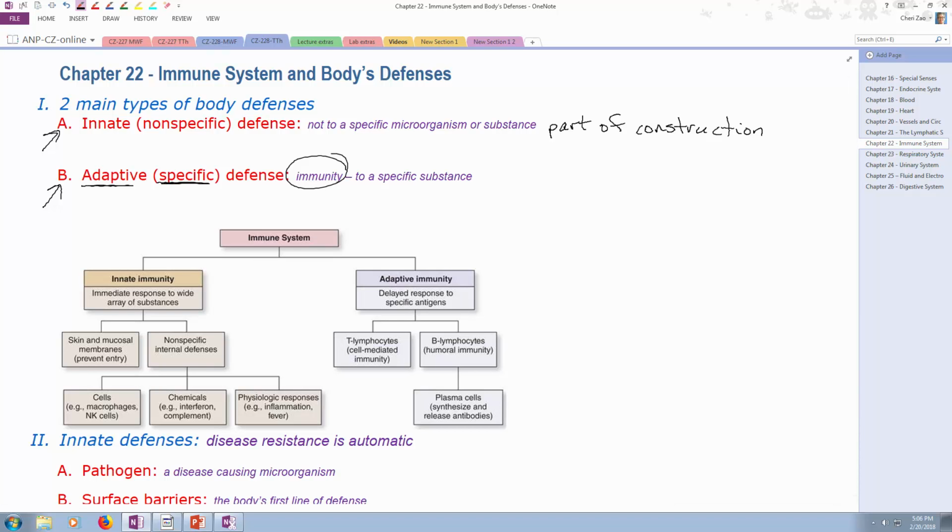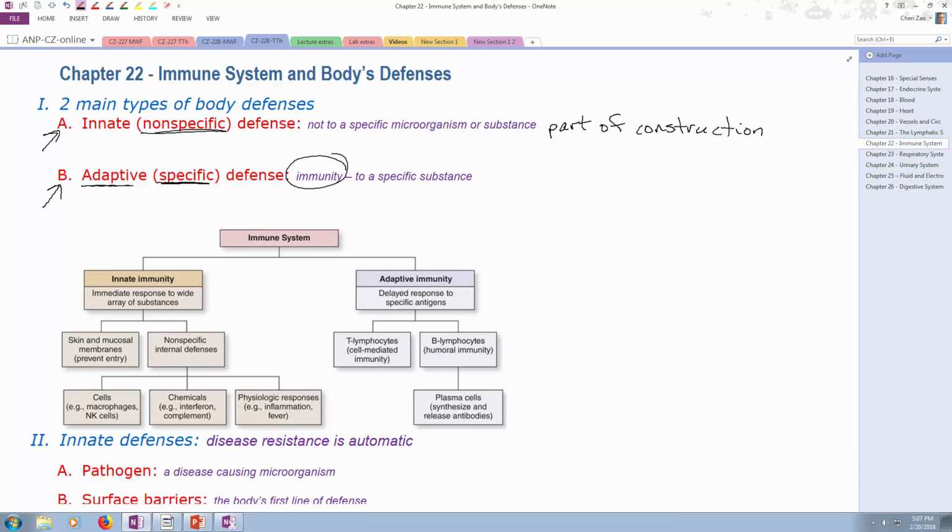But they're full of T cells and B cells, which are responsible for your immune system. So T cells and B cells are the big players of our white blood cells that take care of you after certain layers have been assaulted and breached. So the innate or nonspecific defense, part of your construction.